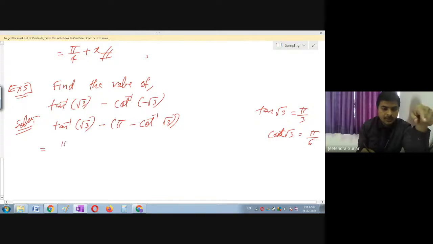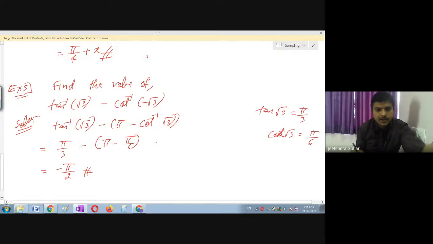So this is pi by 3 minus (pi minus cot inverse root 3). So easily you can take here pi by 6. Just simplify this one. You will get here minus pi by 2. This minus will come inside, so it is going to become minus pi plus pi by 6. Take the LCM. You will get the answer.